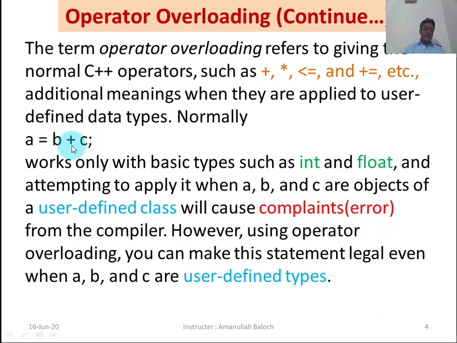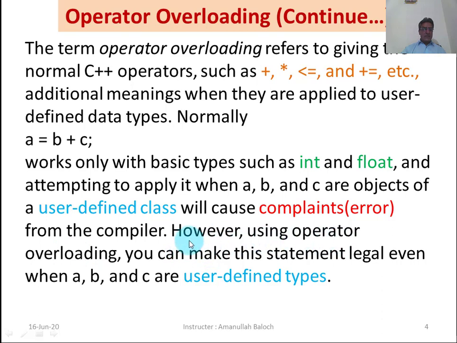the compiler will complain with an error. It will say that you cannot add two objects in this fashion, because only standard data can be added; objects cannot be added through the plus operator.